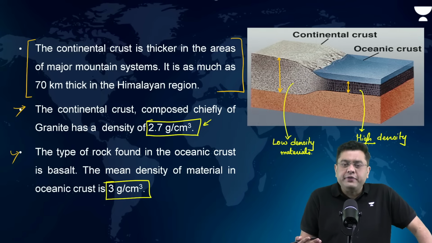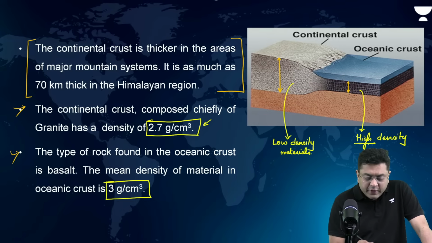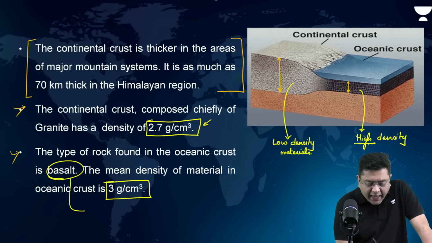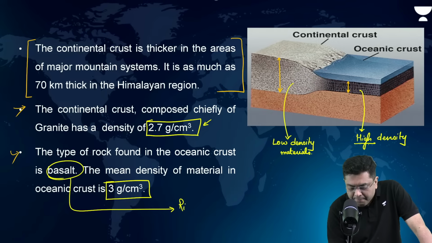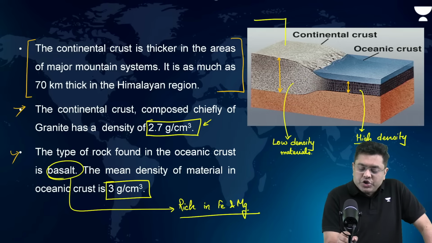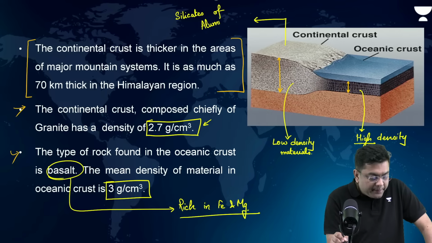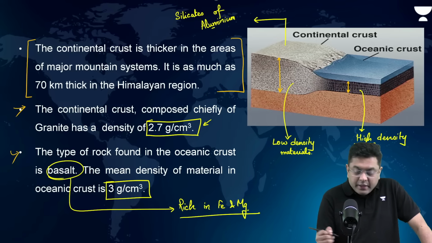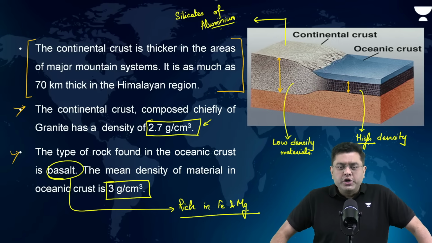It is made out of basaltic rocks. Basaltic rocks basically are rich in iron and magnesium. Whereas continental crust is rich in silicates of aluminium. This portion, I hope, is clear.